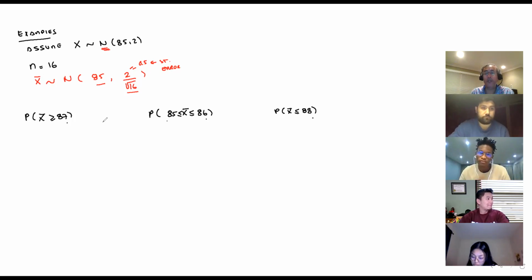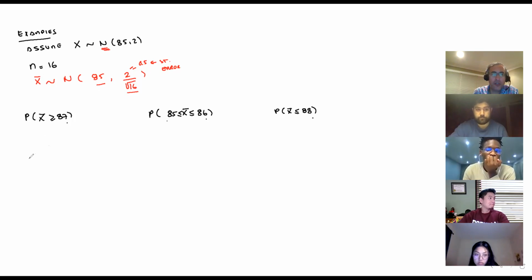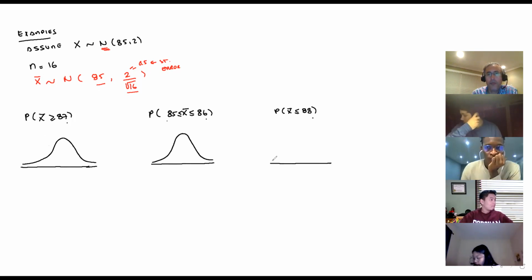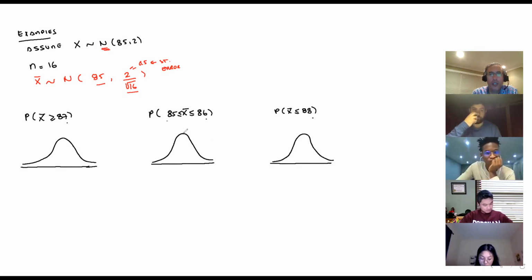Ready? Okay, once you have the red side of the equation, guys, this piece of the equation, piece of cake. The thing is just to understand what you are looking for. That's all.